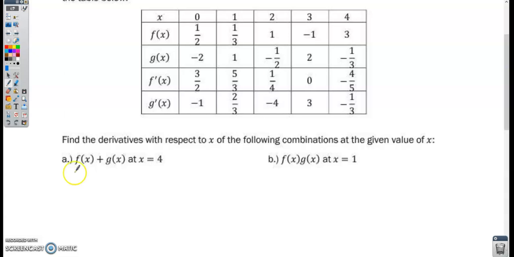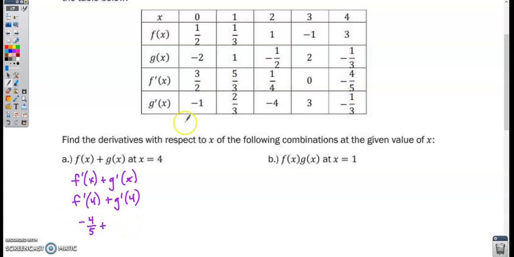This one's pretty straightforward. In order to find the derivative of f of x plus g of x, that's just going to be f prime of x plus g prime of x. And so in order to find it at 4, we're going to take f prime of 4 plus g prime of 4. And now we go to our table and look those values up. I go up and find f prime of 4. That's negative 4/5.